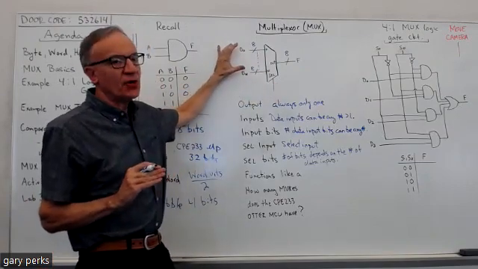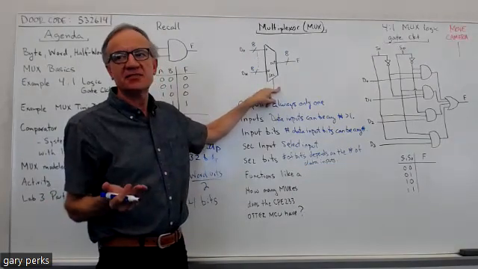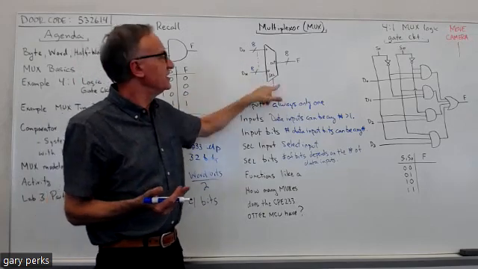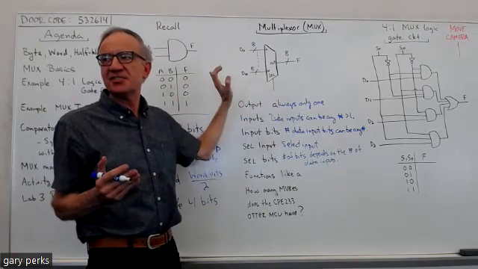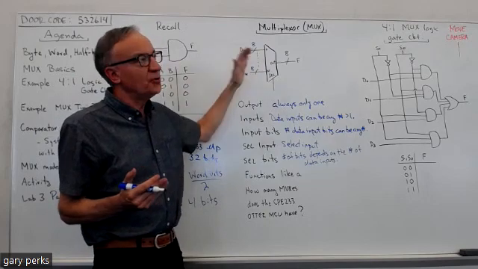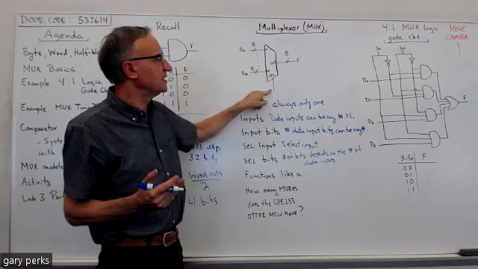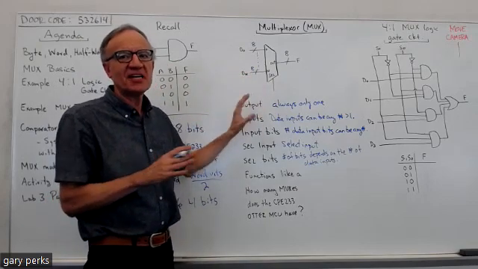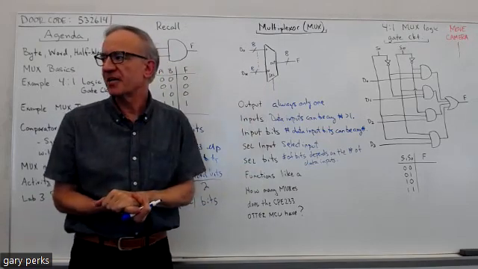If we have 4 data inputs, then we need 2 select bits. If we have 8 data inputs, then we need 3 select bits. Do you see the relationship here? There's a whole number power of 2 relation between the number of data inputs and the number of bits that you need for the select. I'll explain why that's so when we talk about how it functions, but that's the relationship.